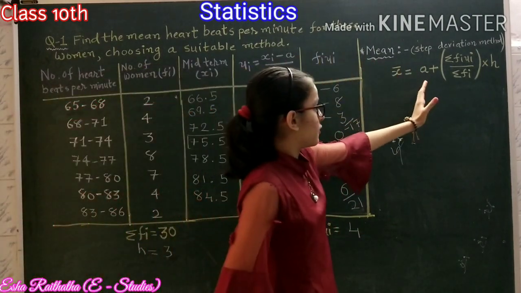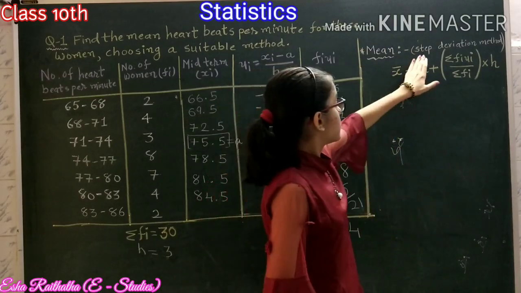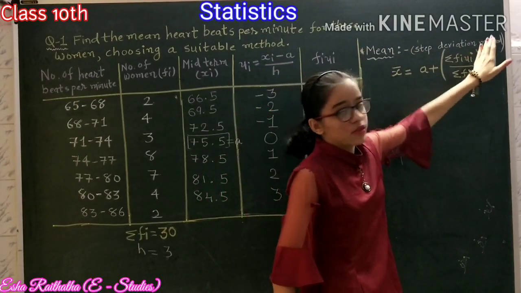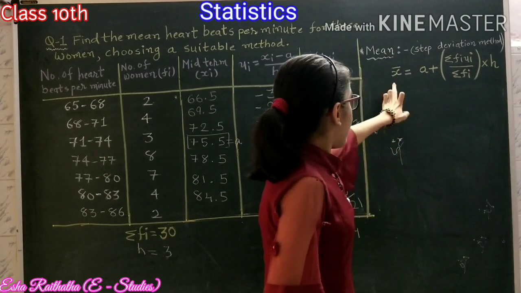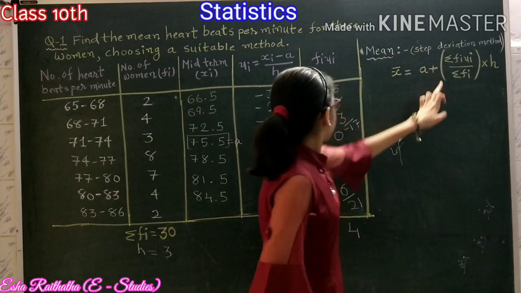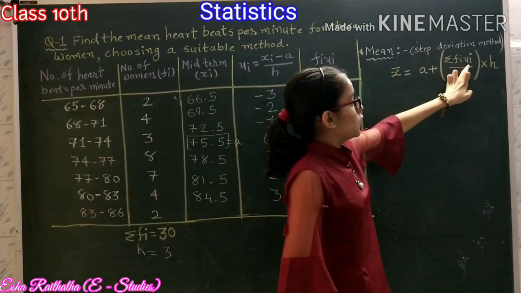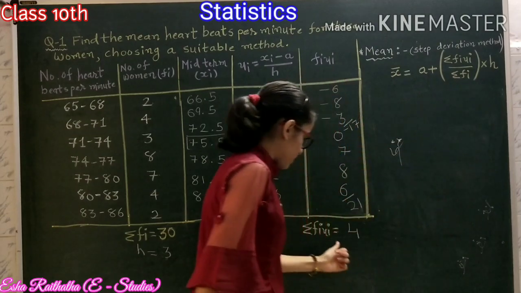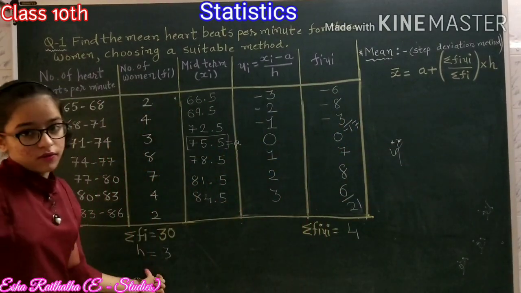We will put them here. First of all, remember that it is the step deviation method we have used here. So x bar is equal to a, meaning this, plus sigma fi ui upon sigma fi, which we have found here, into h, which we have also found.